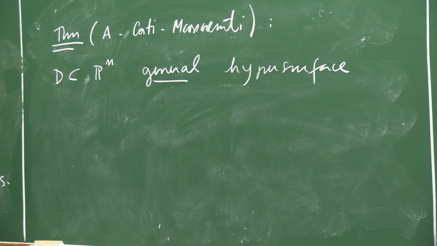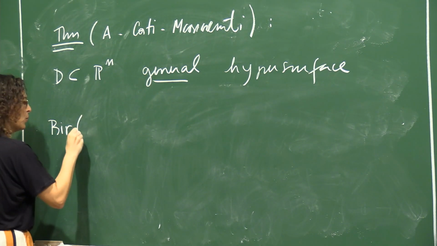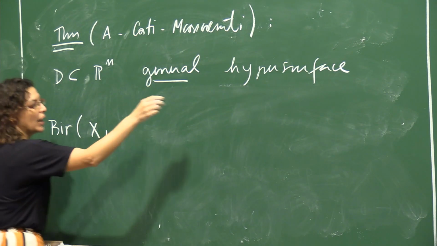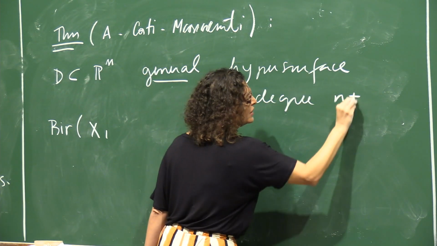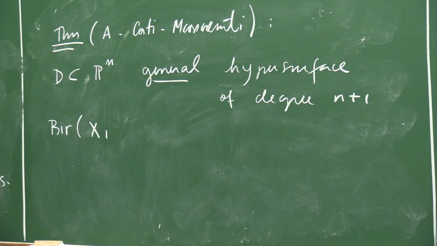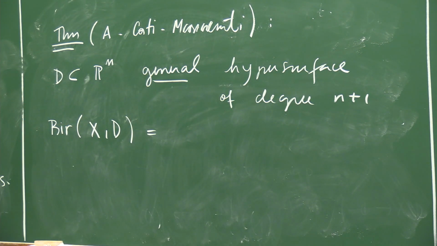Then, if we want to understand the birational group of the pair XD, a hypersurface of degree n+1, so that it is an anticanonical hypersurface, then this group is not interesting.